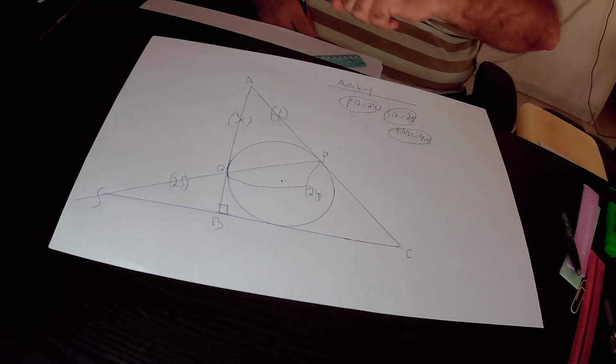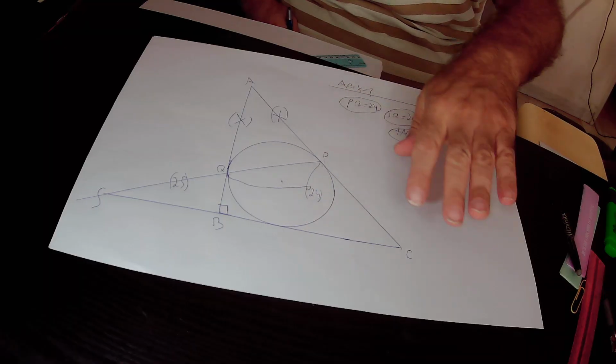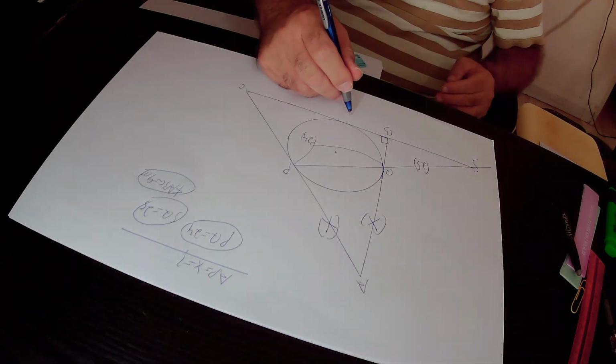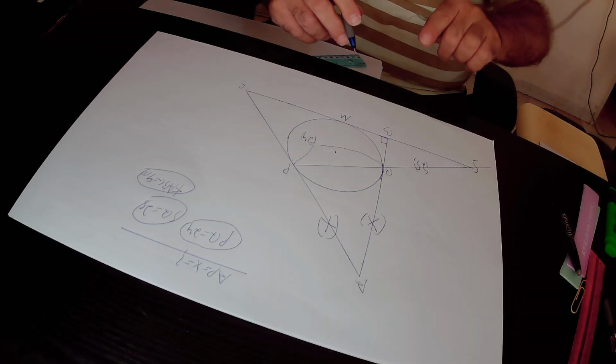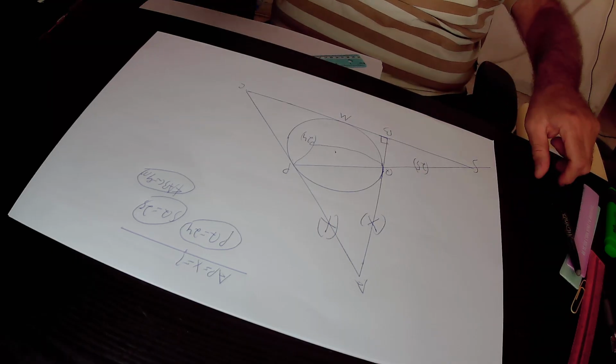We define the point of tangency of tangent BC with this circle. This point is point M. We define the length of tangent BM as a.